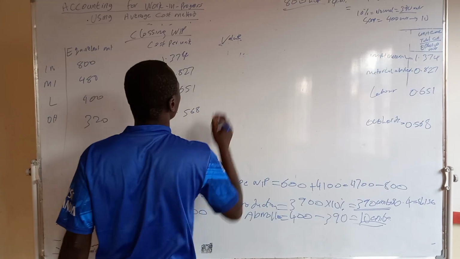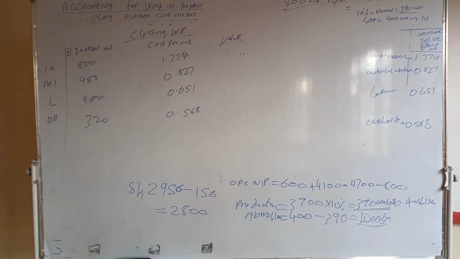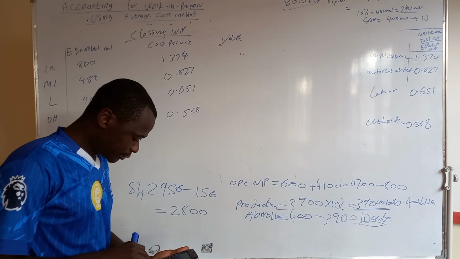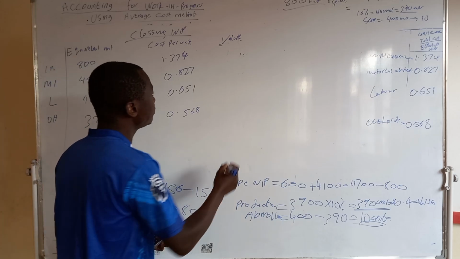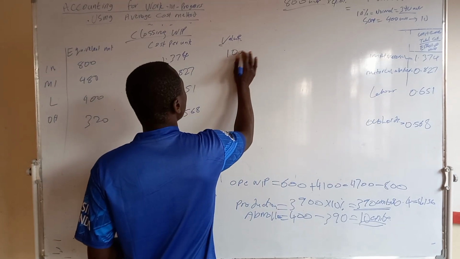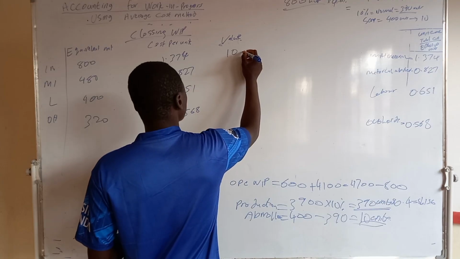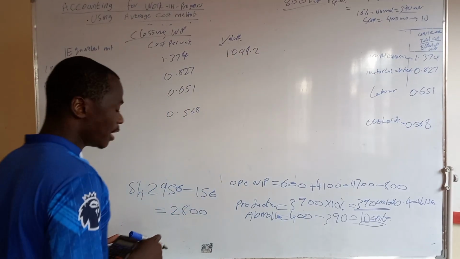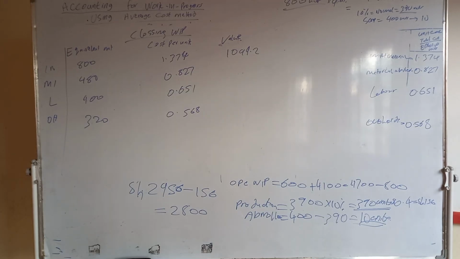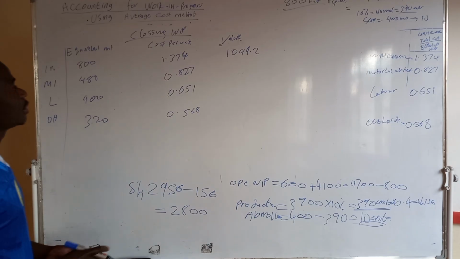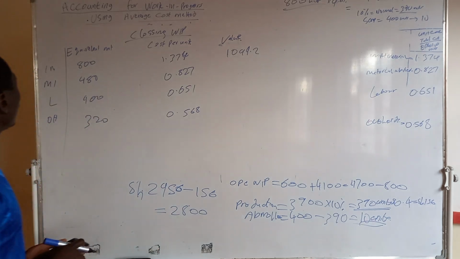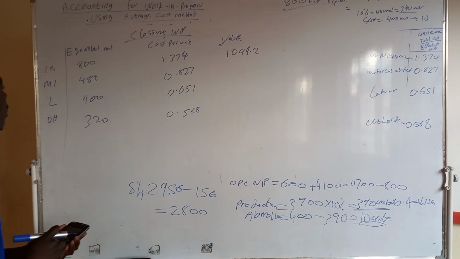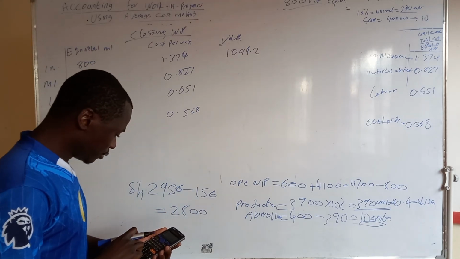Now, what is the value? Value is simply multiply. 1.374 times 800 is 1099.2. We have 480 times 0.827.